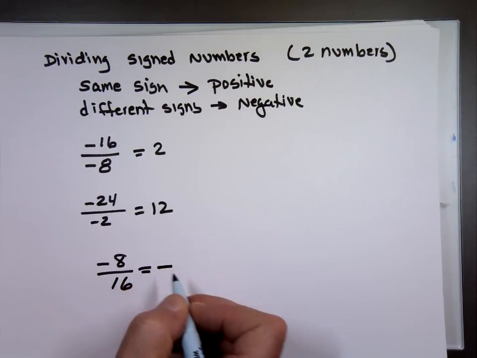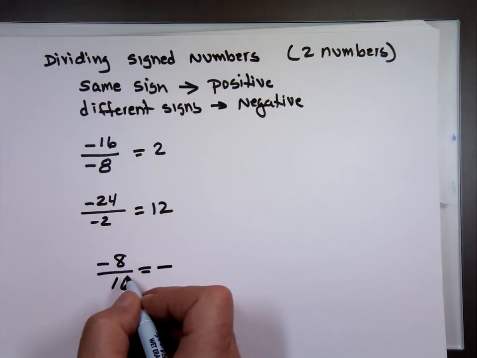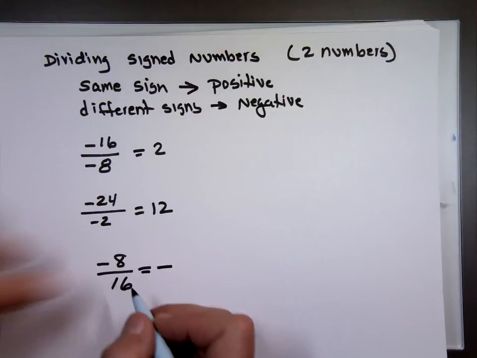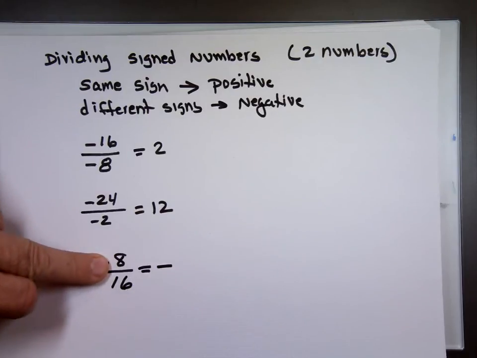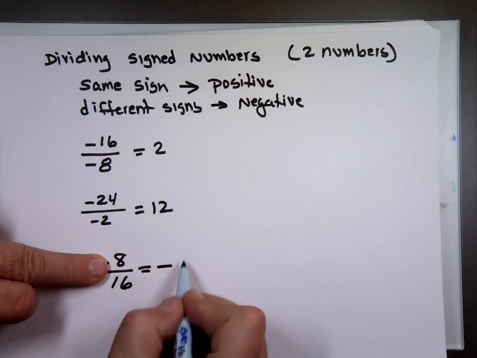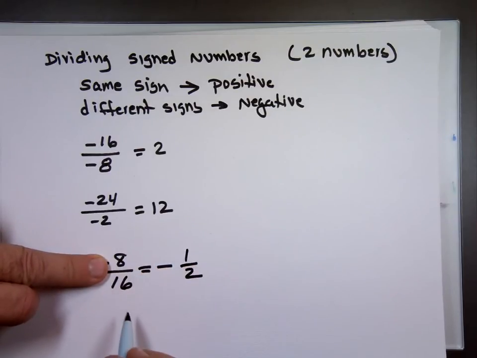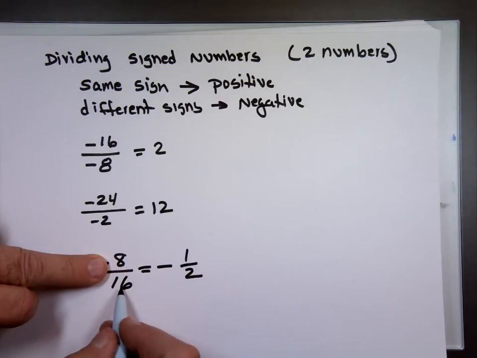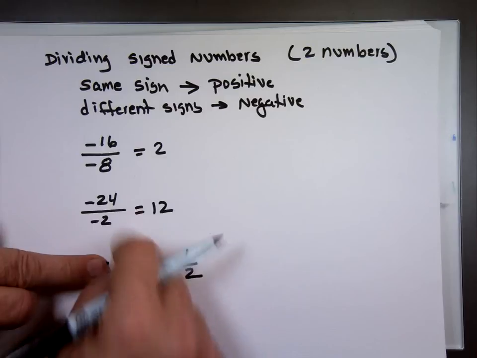Can we simplify 8 over 16? What's 8 into 16? 2. How about a half? 8 on the top, 16 on the bottom. You can't divide them. That's half of that number if you simplify it. By 8, this is 1. By 8, this is 2.